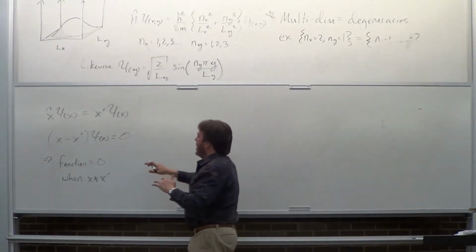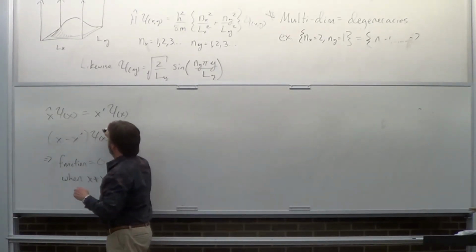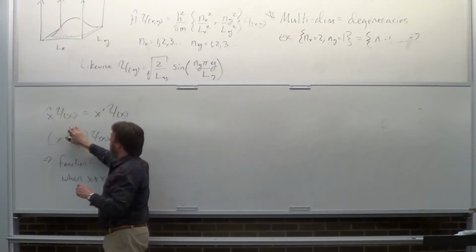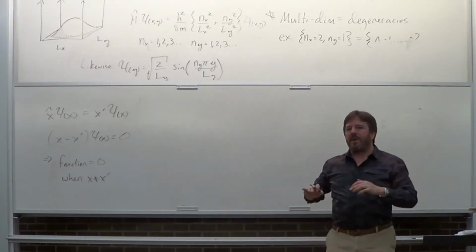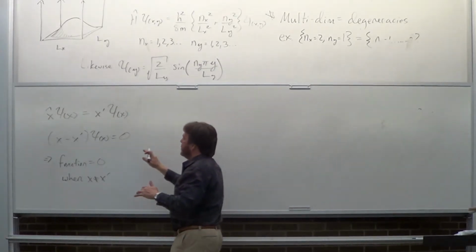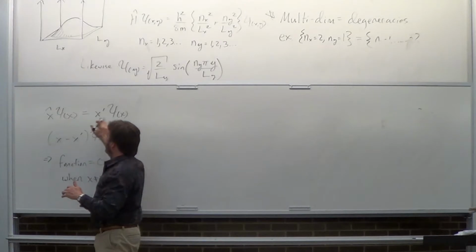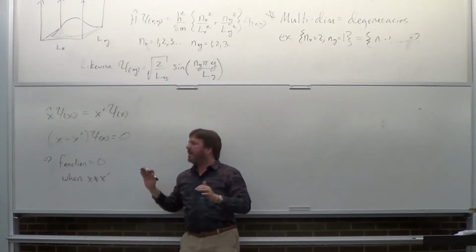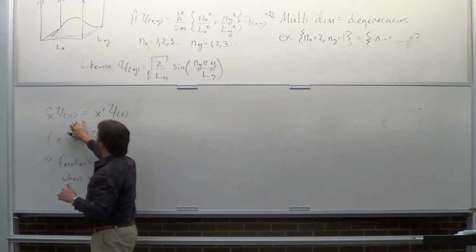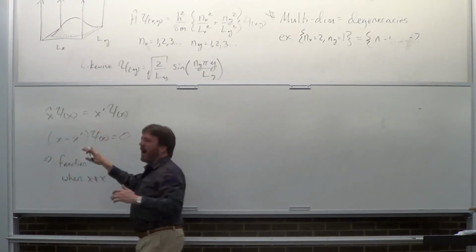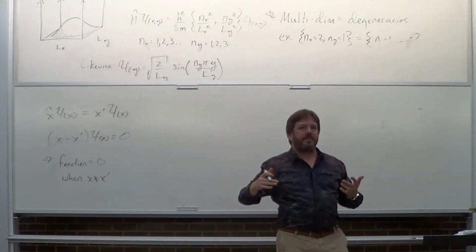So again, the eigenfunction of this operator is one that is 0 everywhere except x prime. Because when you're outside of x prime, when x is not x prime, you've got 0 equals 0, which works. When x is at x prime, then the function is not 0, but then the eigenfunction magically worked.